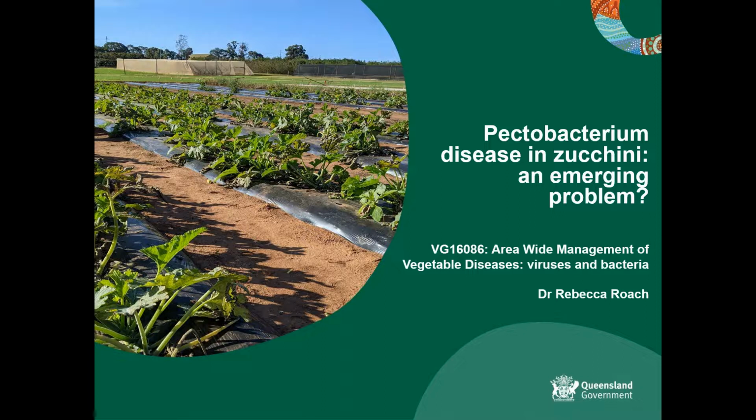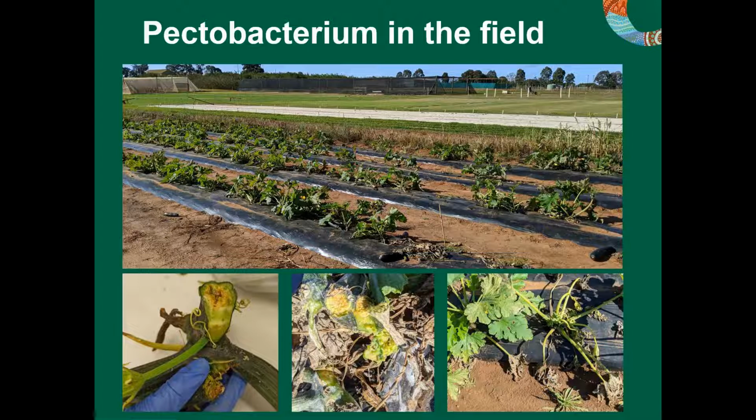Thanks, everyone. So I'm basically going to be telling you all a bit about the work we've done on Pectobacterium in zucchini. We've noticed that this seems to be an emerging problem in multiple areas.